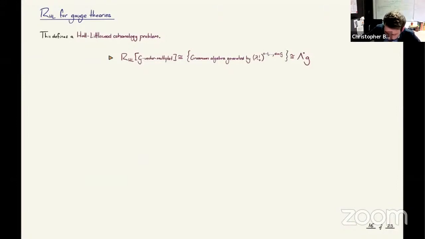So the Hall-Littlewood chiral ring associated to just the G vector multiplet is a Grassmann algebra generated by these gauginos. So that's the exterior algebra on the Lie algebra G for the Lie group capital G. And my Hall-Littlewood complex on which my cohomology is defined is just my original Hall-Littlewood chiral ring tensored with this exterior algebra projected onto G invariance.